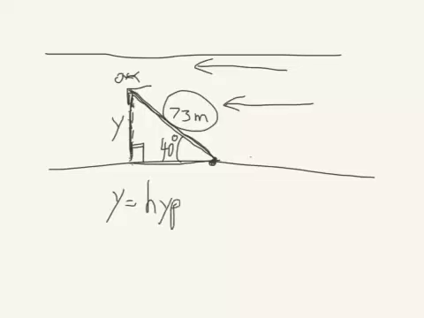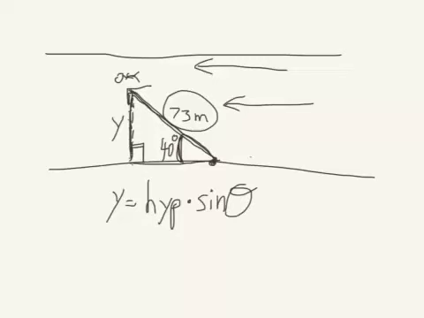To find one side of a triangle, we take the hypotenuse times either sine or cosine of theta. And here, y is the opposite side. So to figure out whether we're doing sine or cosine, we figure out whether we're finding the opposite or adjacent side. Here it's the opposite side, so we pick sine of theta.